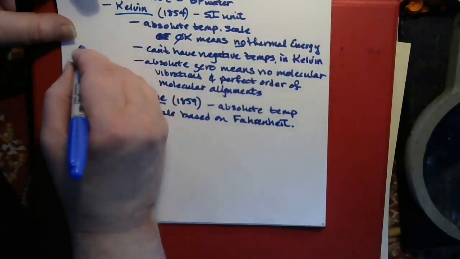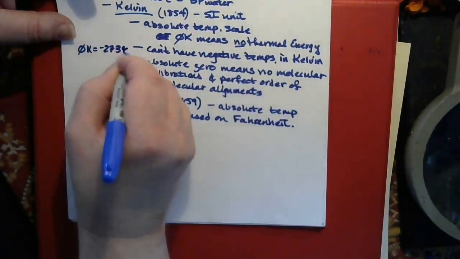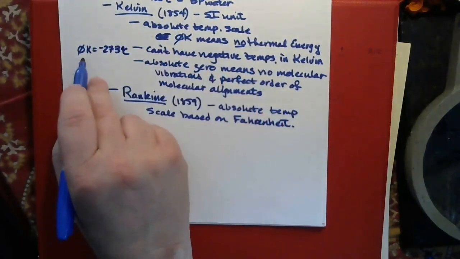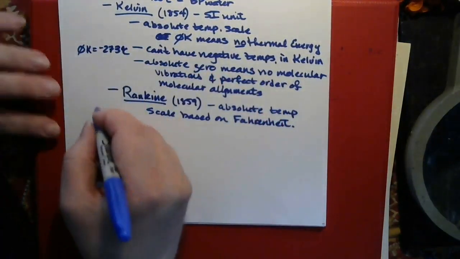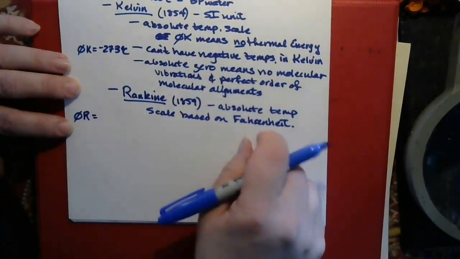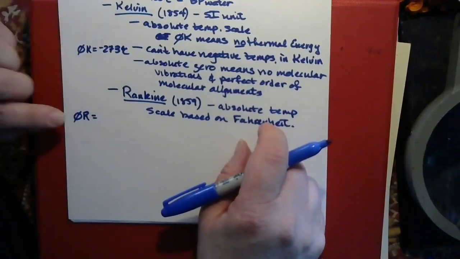In the case of Kelvin, 0 Kelvin is absolute 0. That's negative 273 Celsius. 0 Rankine is also absolute 0. So actually 0 Rankine is negative 273 Celsius also.